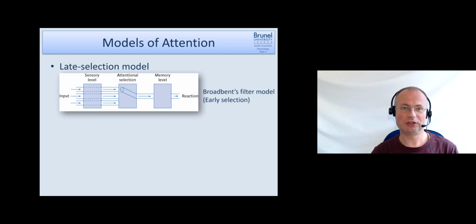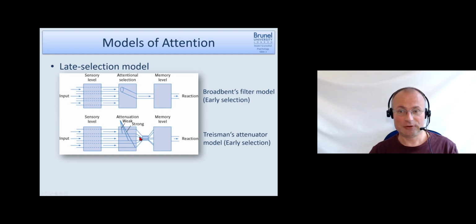Okay, so just to put these late selection models into context: Broadbent's filter model proposed we have loads of inputs at the sensory level, then we have this attentional selection and memory level, and memory level means here higher processing for meaning. We only get this one filtered-out message which is then processed.